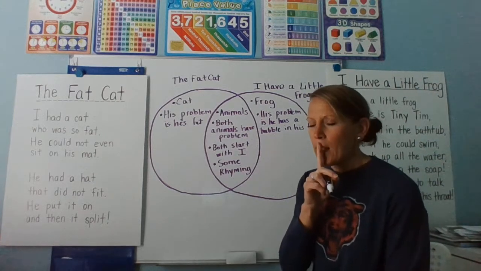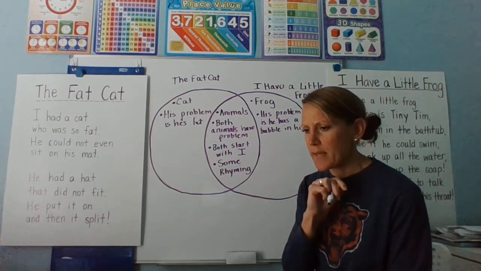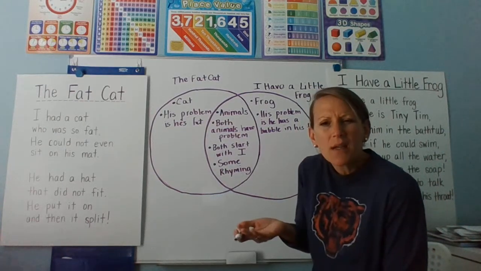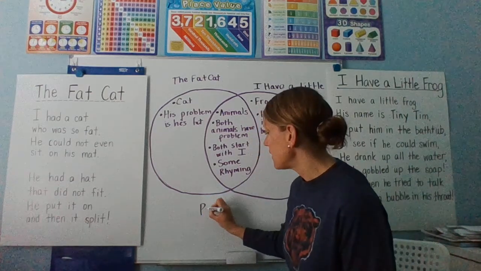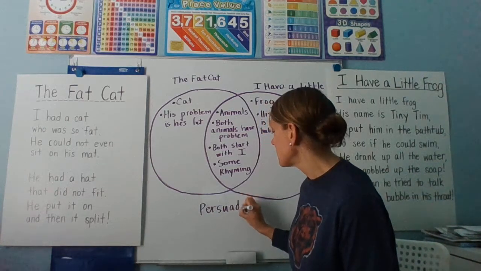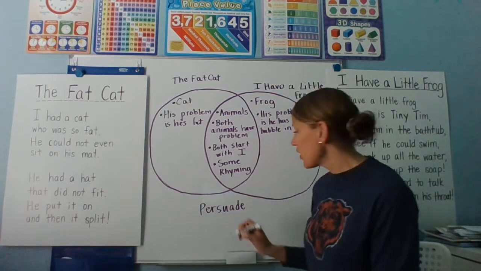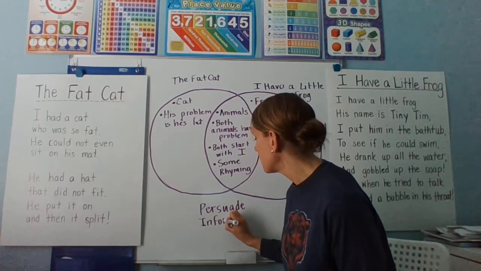What? In another video, we talked about the author's purpose. We talked about why an author writes things, and sometimes they're trying to persuade us. Other times they're trying to inform us.